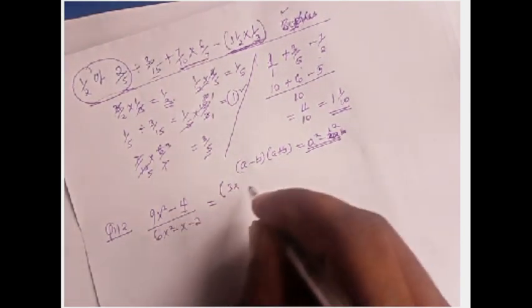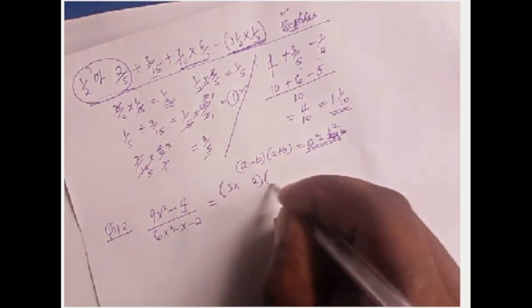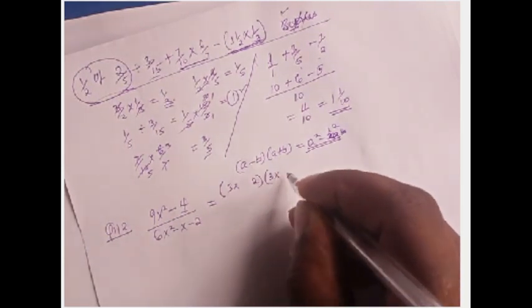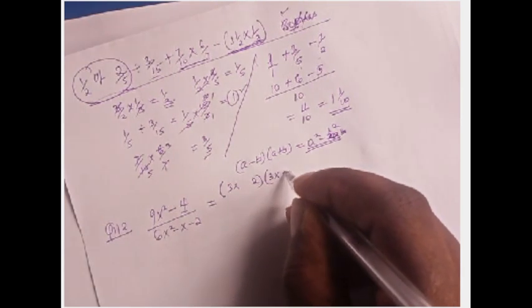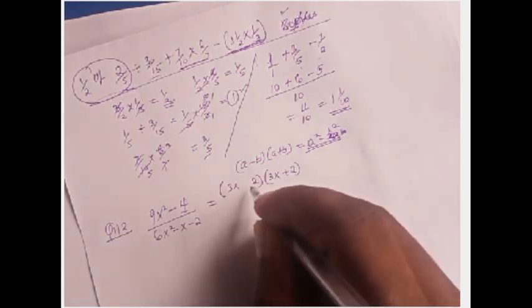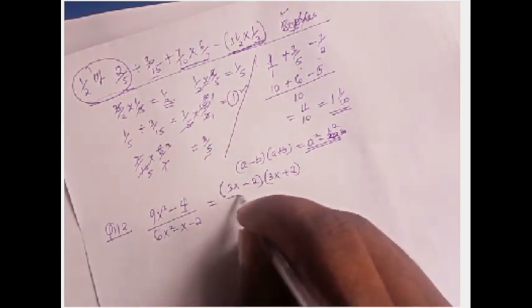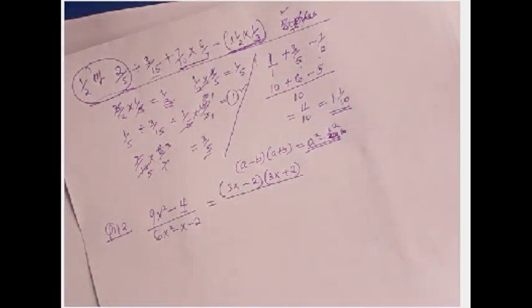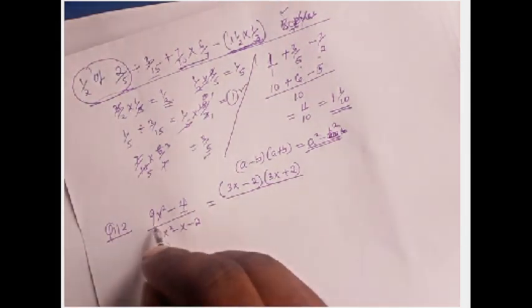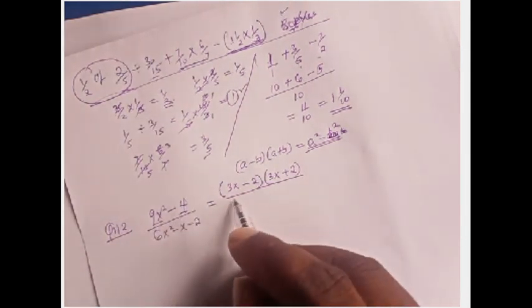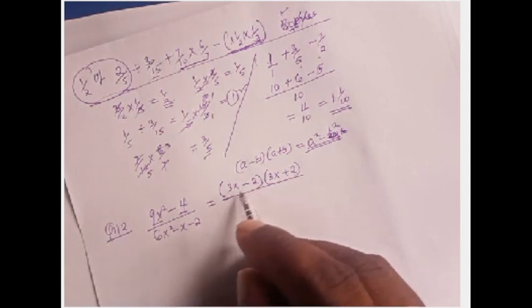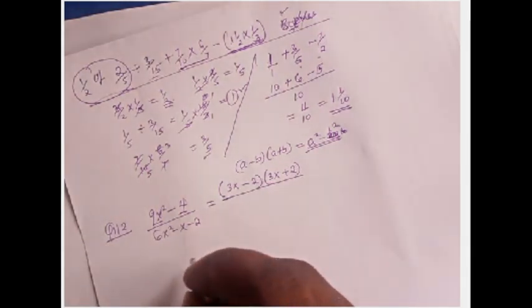Square root of 4 is 2. So we factorize by finding the square root of the two terms, and then we put them into factors: 3x plus 2 and 3x minus 2.